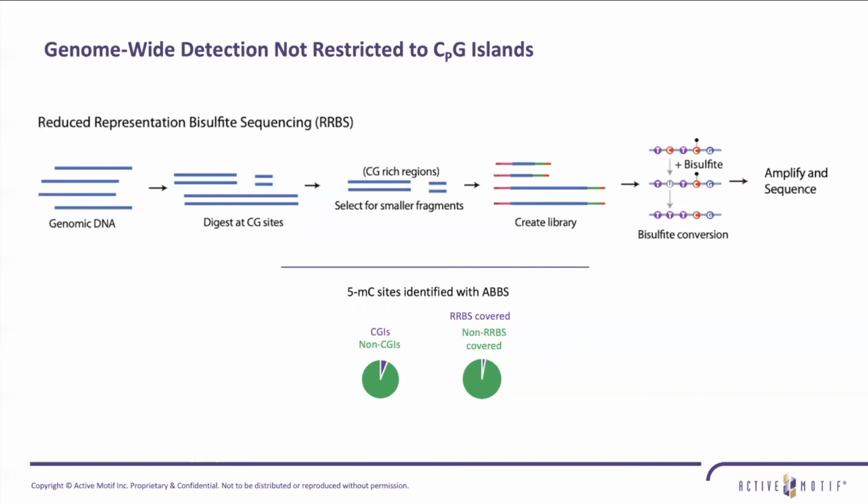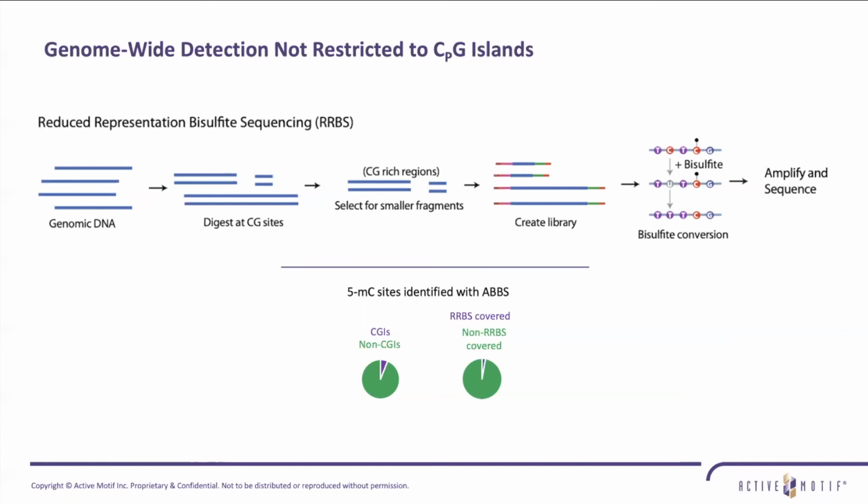And these CG regions will be cleaved, enriched, adapters will be ligated to create a library, and then bisulfite converted. So after amplification and sequencing, we can gather methylation data in CpG-rich regions, such as CpG islands. But one of the caveats of RRBS is that it does not provide methylation data outside of CpG islands.